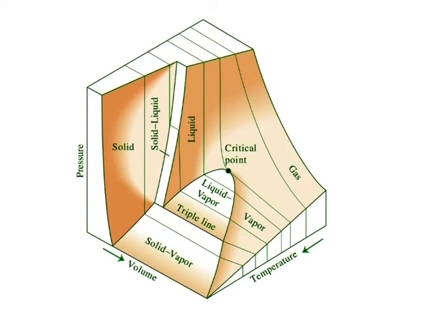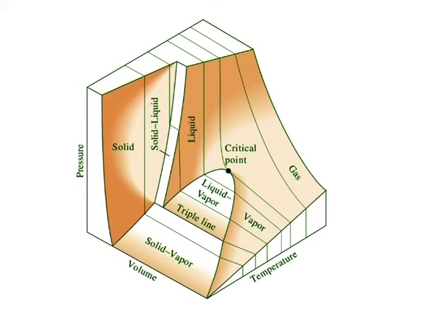Here T and v may be viewed as the independent variables, that is the base, and P as the dependent variable, that is the height. All the points on the surface represent equilibrium states. All states along the path of a quasi-equilibrium process lie on the PVT surface, since such a process must pass through equilibrium states.